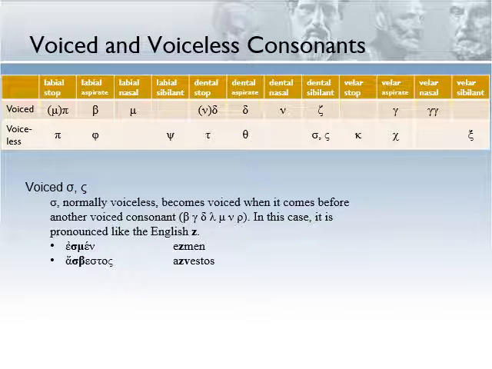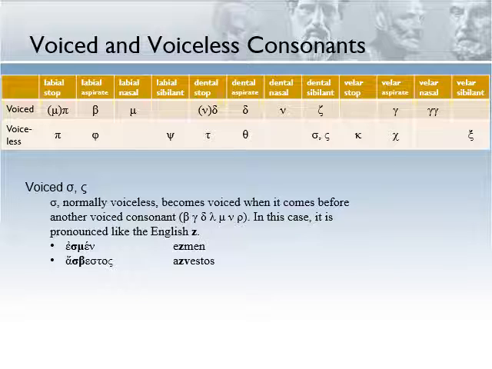Notice this next word: alpha, sigma, beta, epsilon, sigma, tau, omicron, sigma. This word actually has three sigmas in it. The first one comes right before a voiced consonant, sigma, beta. Two letters later, you have a sigma that comes before a voiceless consonant. And at the very end of the word, you have a terminal sigma, which is going to be pronounced like any other sigma, which would be voiceless.